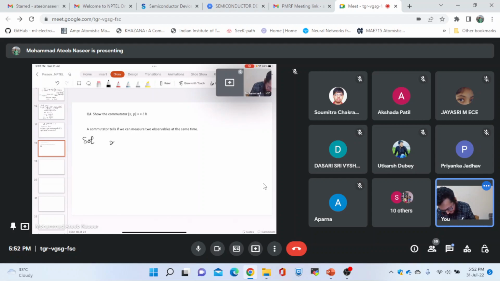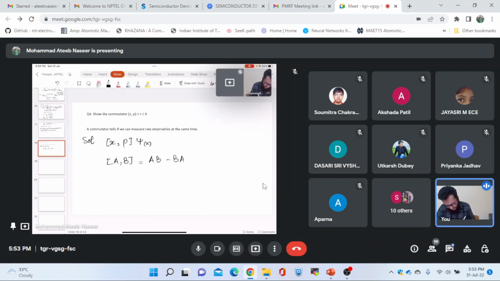this x and p when operated on psi. Let's first write down this commutator operator itself. It will be simply a comma b, a b minus b a.